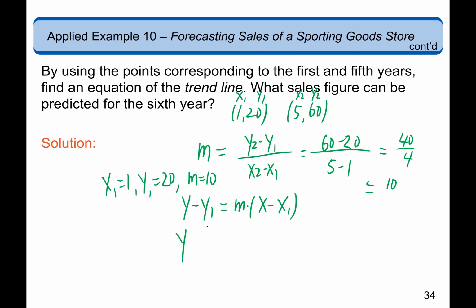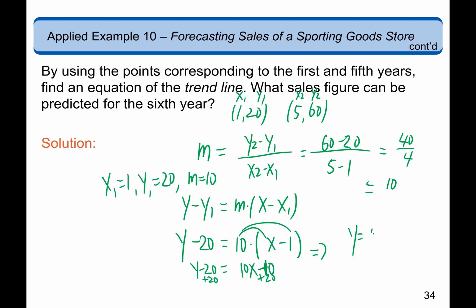So y minus 20 equals 10 times x minus 1. We distribute, and we get y minus 20 equal to 10x minus 10. Now you just add 20 to both sides of the equation, and we get the equation of the line: y equals 10x plus 10.